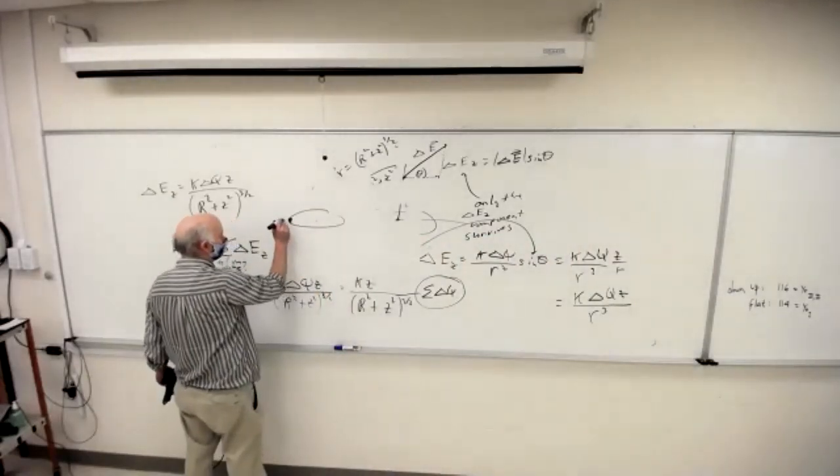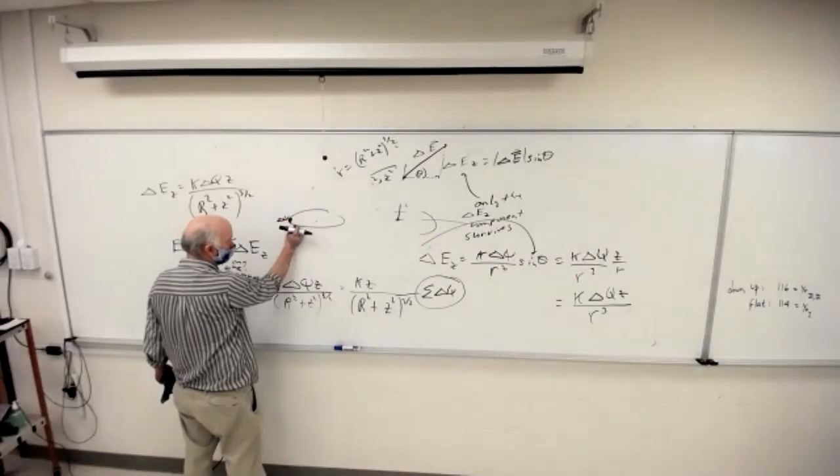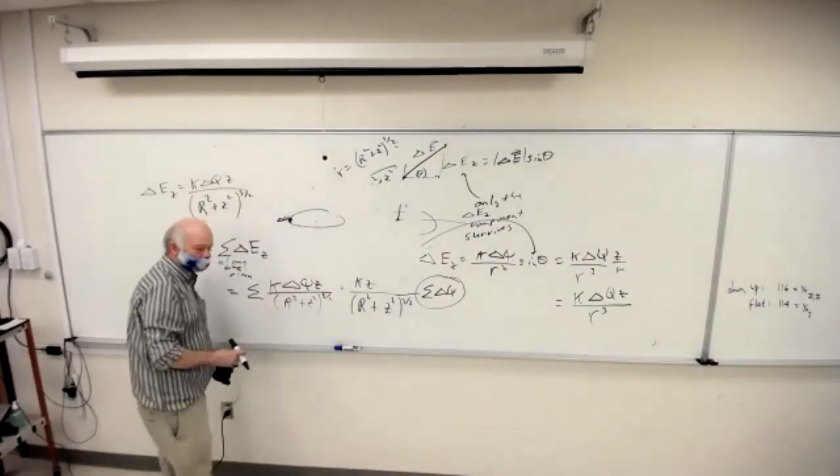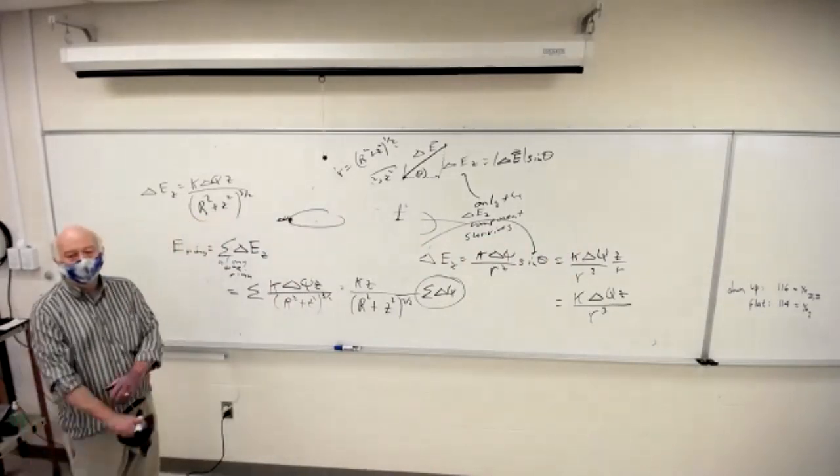Right, so I take this delta Q, and I add it to this delta Q, plus this delta Q, plus this delta Q, plus this delta Q. I add them up along the entire ring. What does that equal?